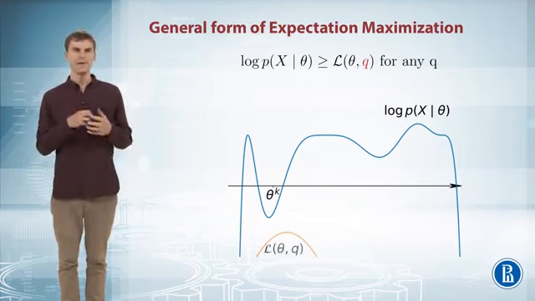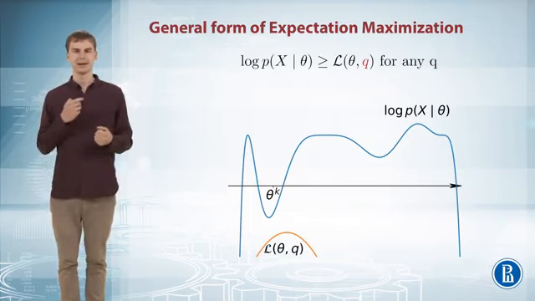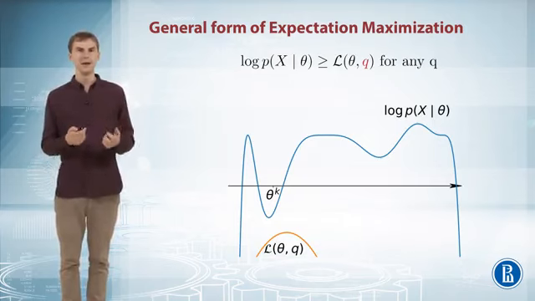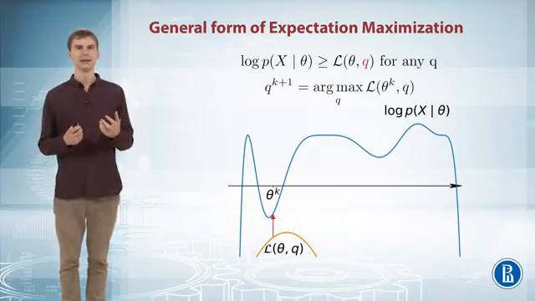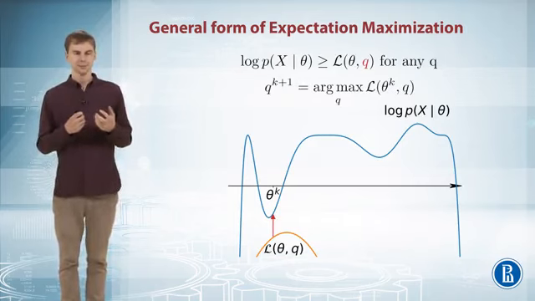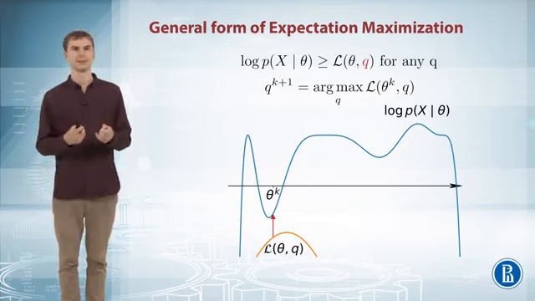So we have a family of lower bounds. Let's find, among this family, the lower bound which is maximal at this current point theta k. Which means let's find q such that the value of the lower bound L at the point theta k and q is maximal.